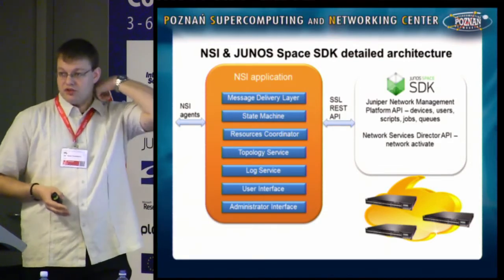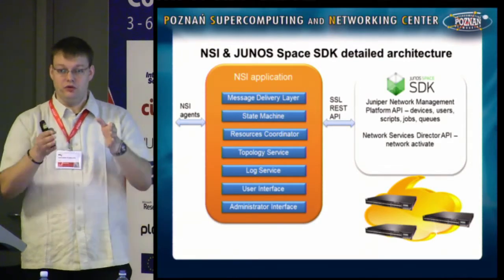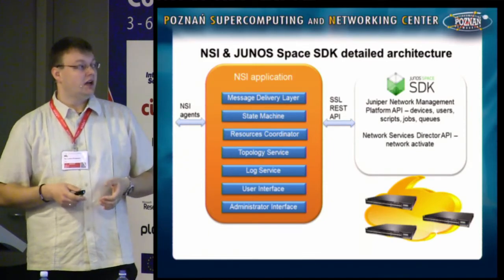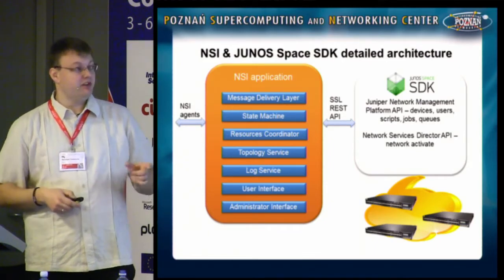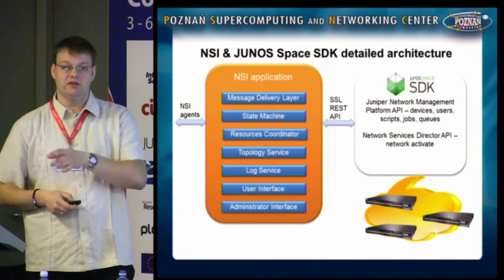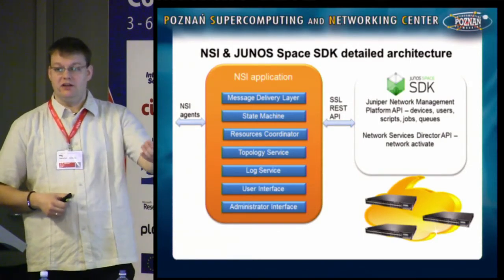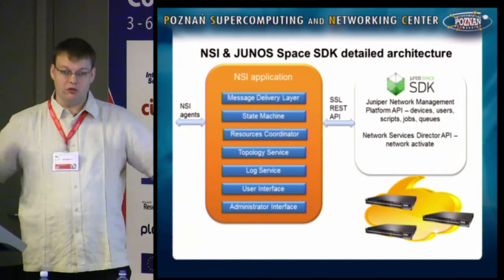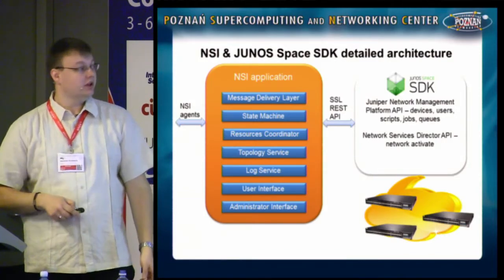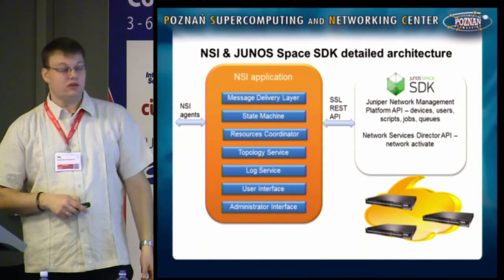At this moment, we are using Juno scripts to configure the Juniper boxes, and with proper attributes, we set up VLANs or MPLS paths depending on our needs in the network. There is a topology service which is getting the topology out of the Juniper boxes, so we know how to configure the circuit locally. The log service is just for debugging purposes.